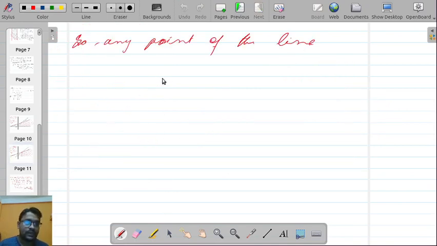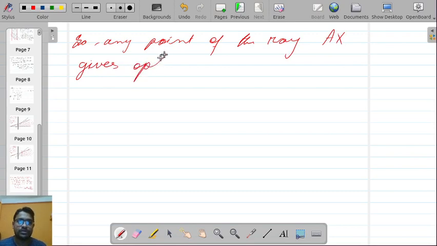This is called a ray because one endpoint is known to us. Any point of the ray AX gives an optimal solution.